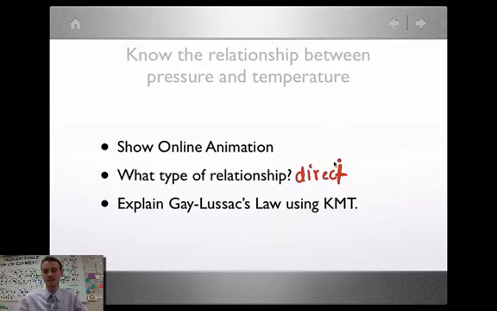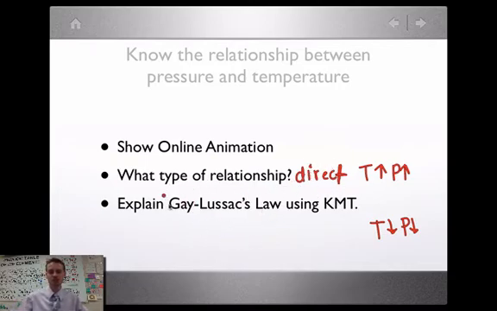So it's a direct relationship, T and T. If I increase my temperature, I'm increasing my pressure, and if I'm decreasing my temperature, I'm decreasing my pressure. That's the direct relationship that you're going to see.